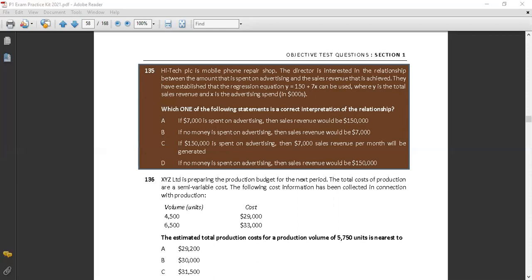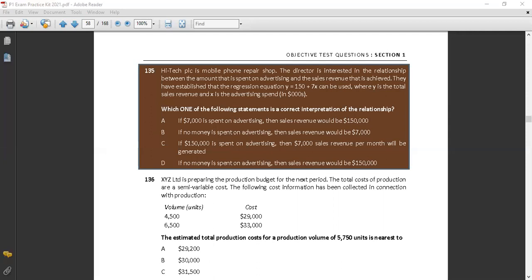This is 12,000 divided by 12 because per month we have to take. So here it is equal to this divided by 12. The answer comes up to be 100. But here, 7,000 is the sales revenue per month. Then again that is also wrong. So the last one is correct.